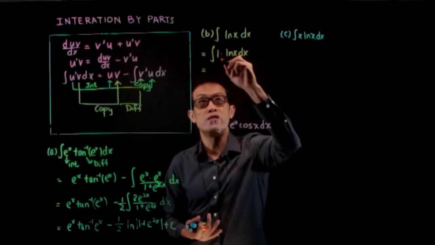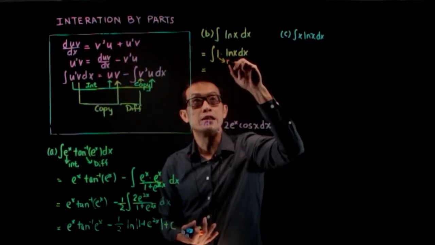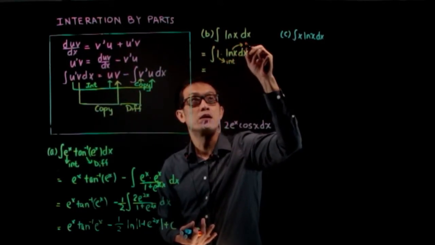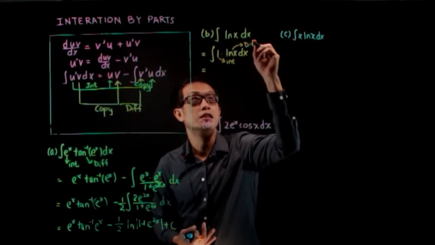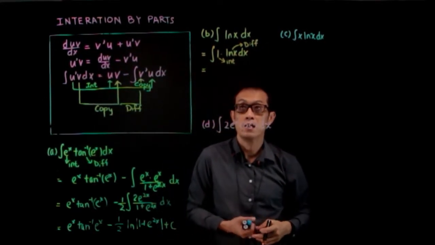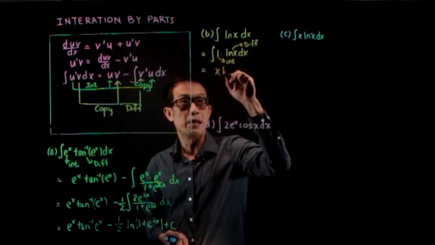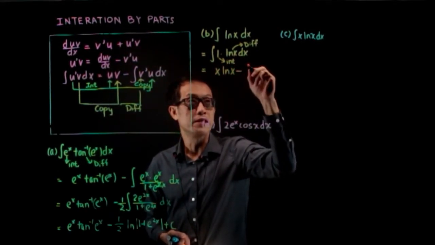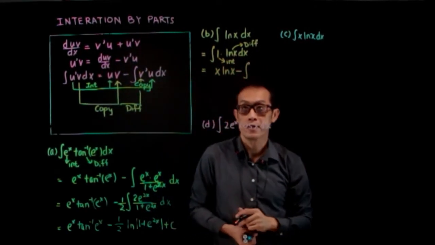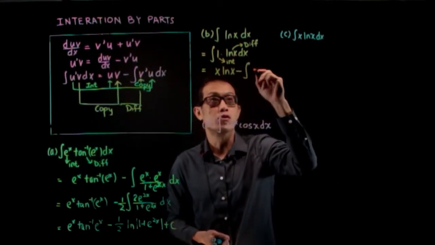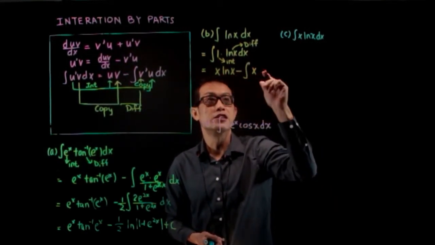So we integrate this, and this one we choose to differentiate. We integrate the 1, you get x, then you copy, followed by minus the integration sign. What you have integrated, you copy, then you differentiate this function.